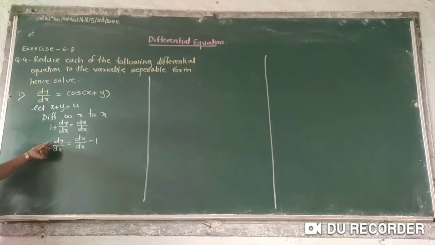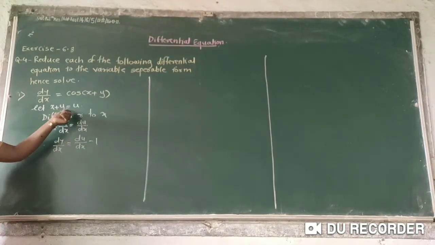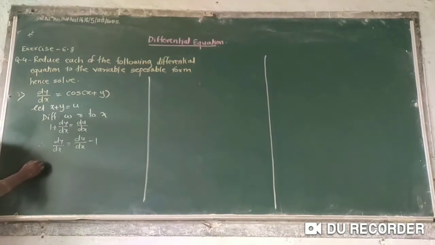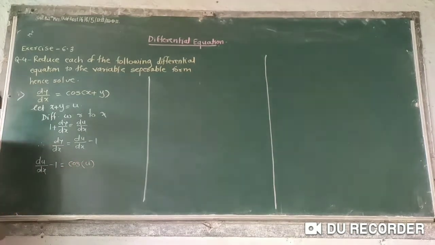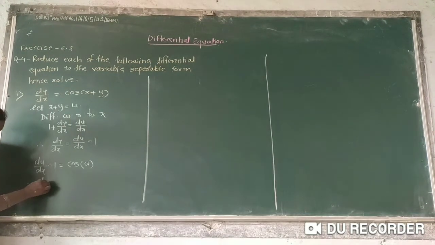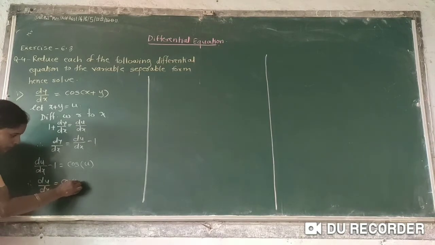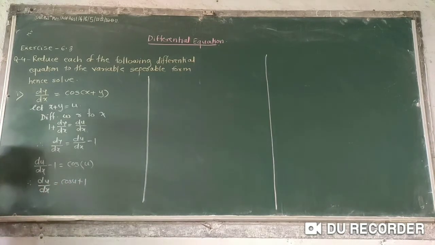Here dy by dx is du by dx minus 1 and x plus y equal to u. Substitute these values in this equation. We get du by dx minus 1 is equal to cos of u. Therefore, du by dx is equal to cos u plus 1.